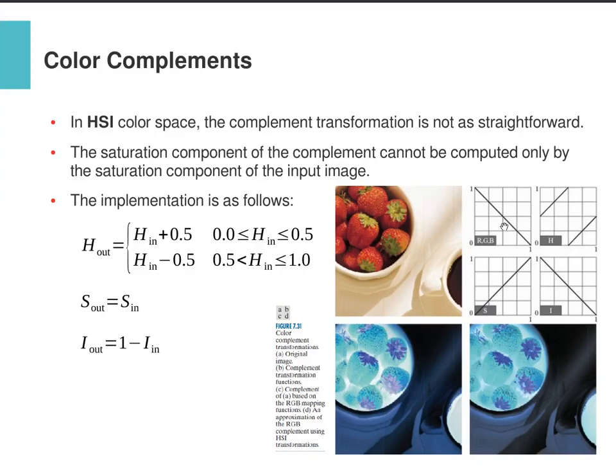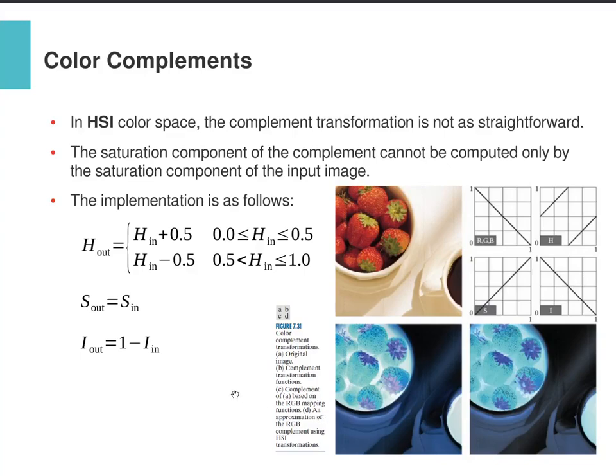If you are working with HSI, these three transformations are the ones that you need to apply. You apply this transformation to the hue component, the saturation component stays the same, and finally the intensity component can be calculated by this specific transformation.